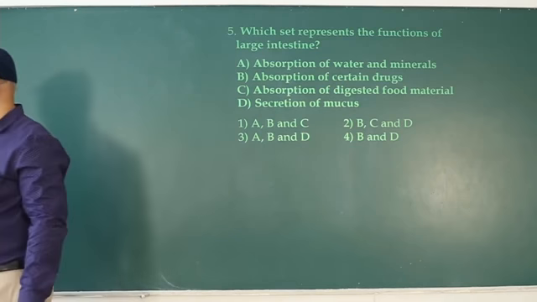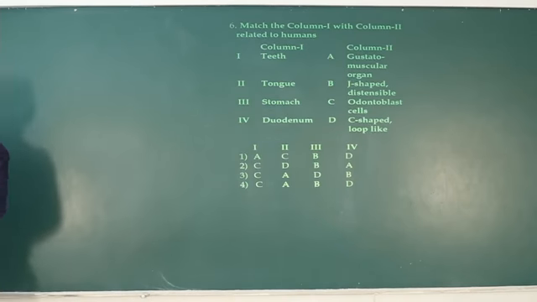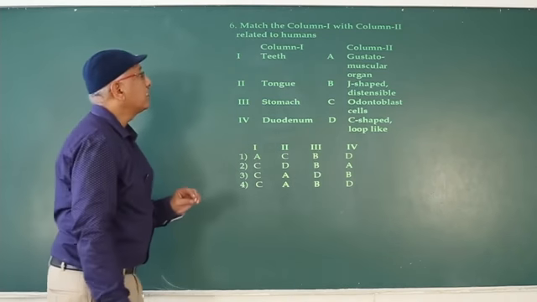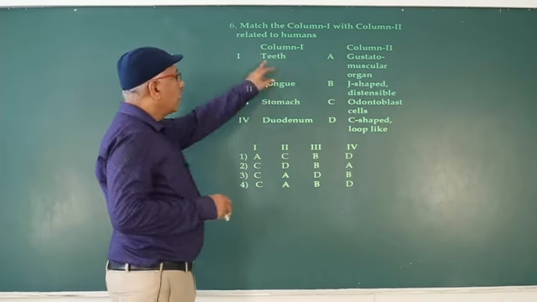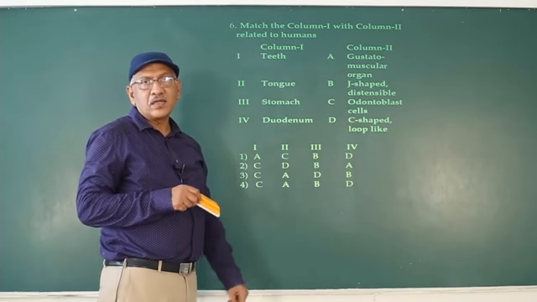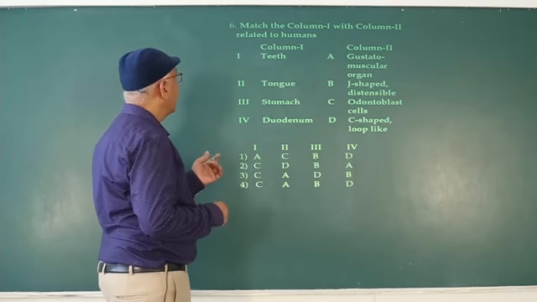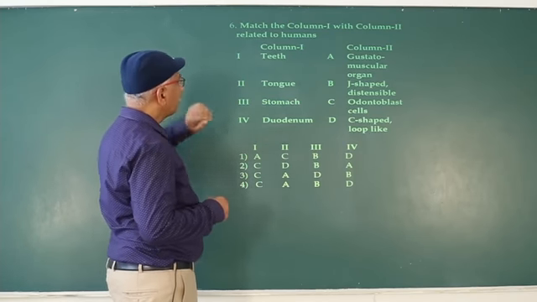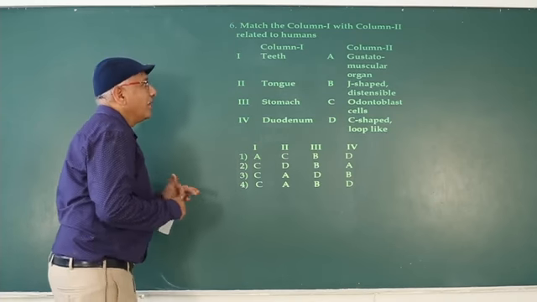Now next question, match column 1 with column 2. Teeth are formed from odontoblast cells. So one is C. Next one, tongue, gustatomuscular organ.